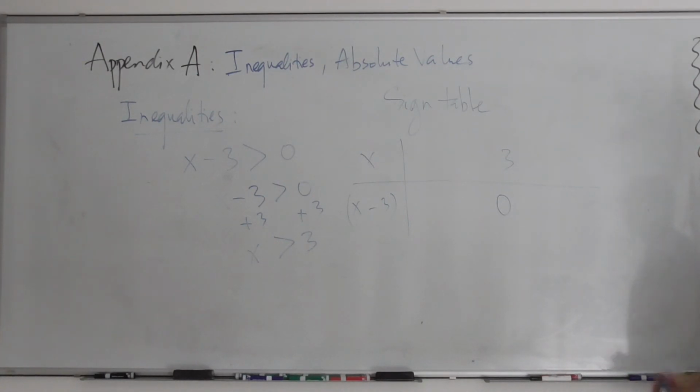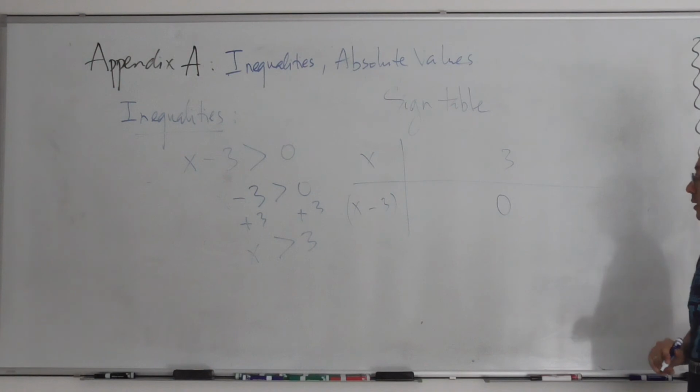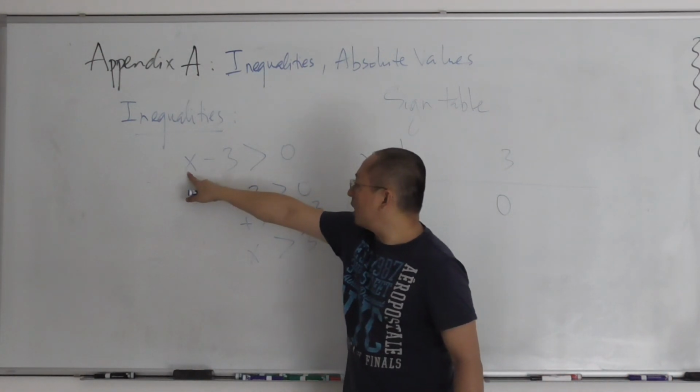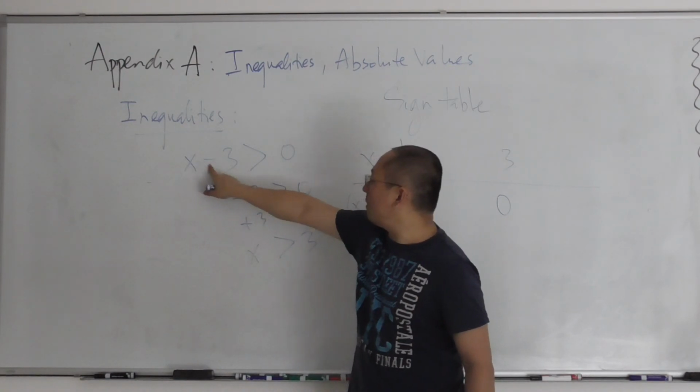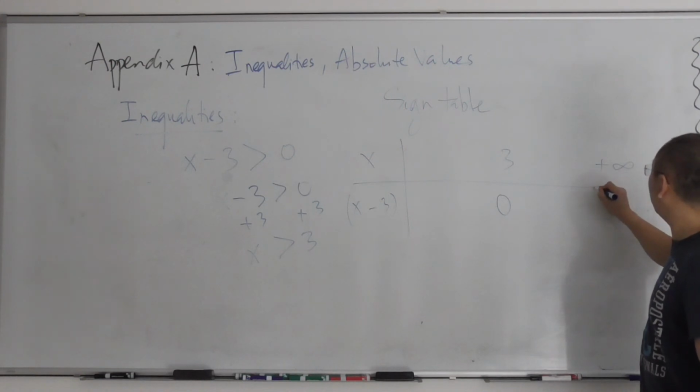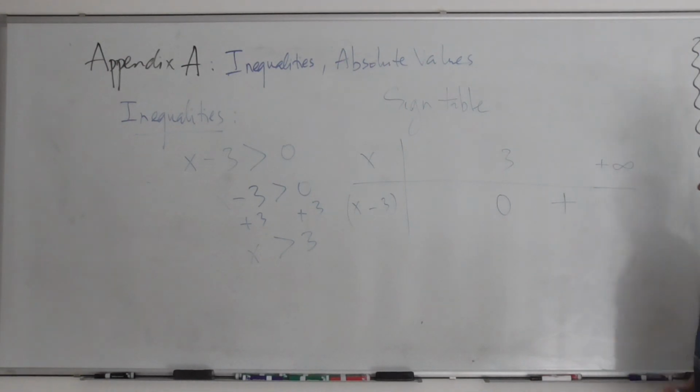What happens when x is bigger than 3? Say x equal to 4 or 5 or 6. You plug in a number that's bigger than 3, say 4, and 4 minus 3 is positive. So when x is bigger than 3 all the way to infinity, the x minus 3 will be a positive number.